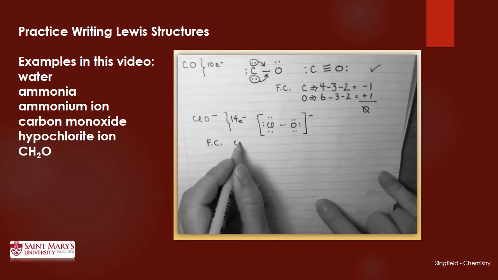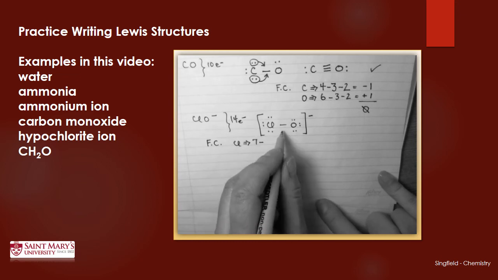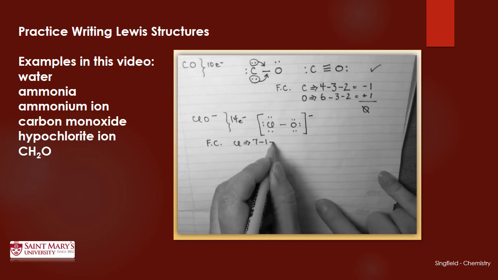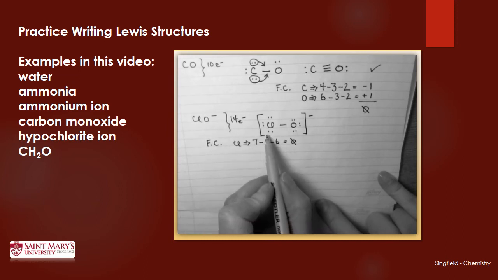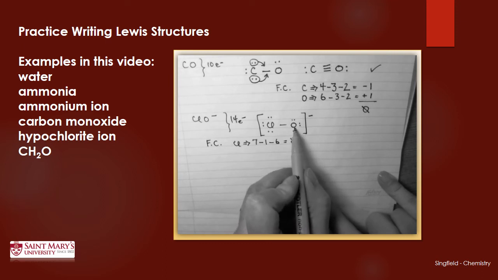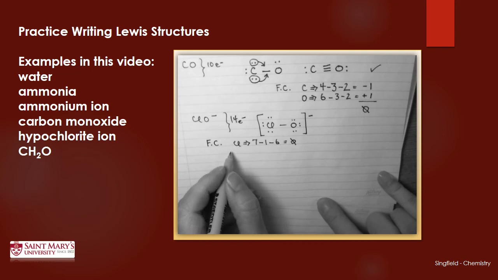The formal charge on chlorine is 7 valence minus half of the bonding, which is 1, minus all of the non-bonding, which is 6, and that equals 0. So I'm anticipating that my single bonded oxygen is going to have a formal charge of -1 because the sum has to add to the real charge on the species.